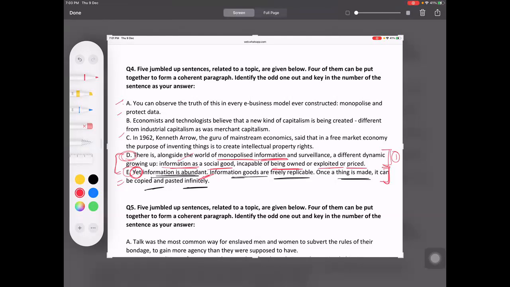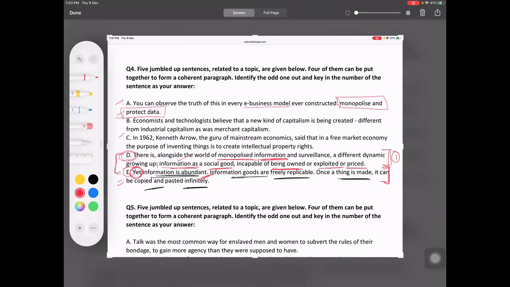Shreya, can A be connected to some point? You can check out A is saying you can observe the truth of this in every e-business model ever constructed, monopolize and protect data.